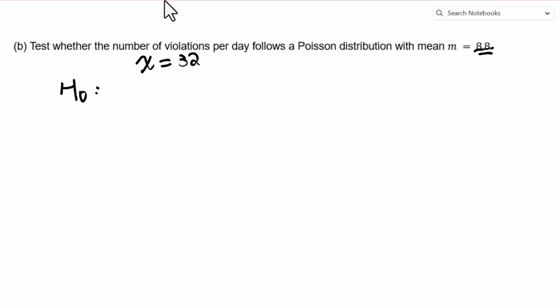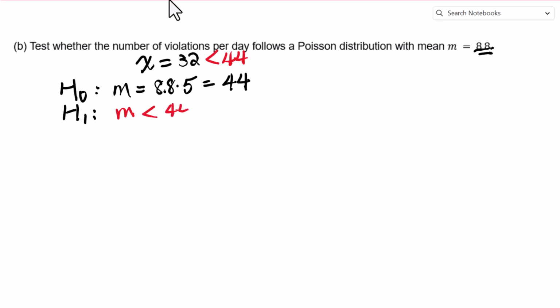H0: M equals 8.8 times 5, which is 44. H1: since observed frequency is less than 44, for H1, M less than 44.